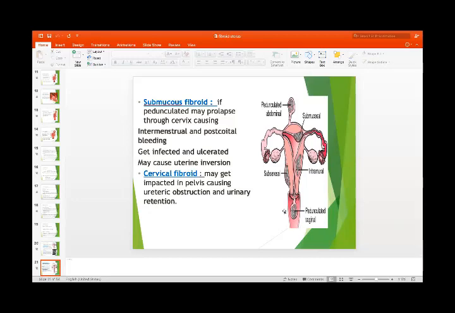These pedunculated fibroids may get ulcerated and cause intermenstrual and postcoital bleeding, and pedunculated subserosal fibroids may get detached, acquire blood supply from the omentum and bowel, and become parasitic fibroids.